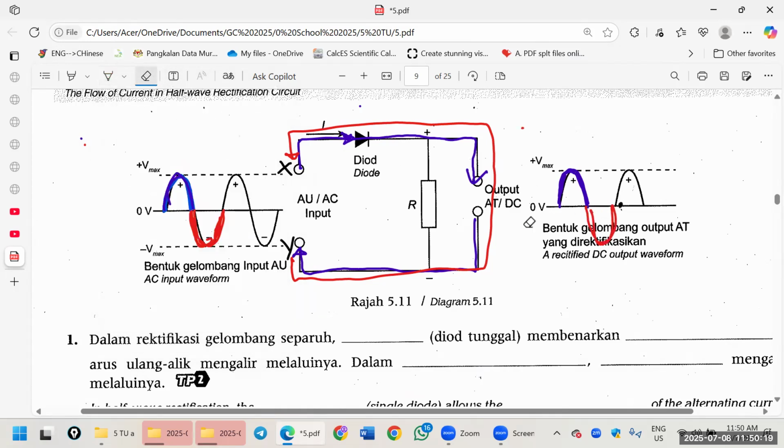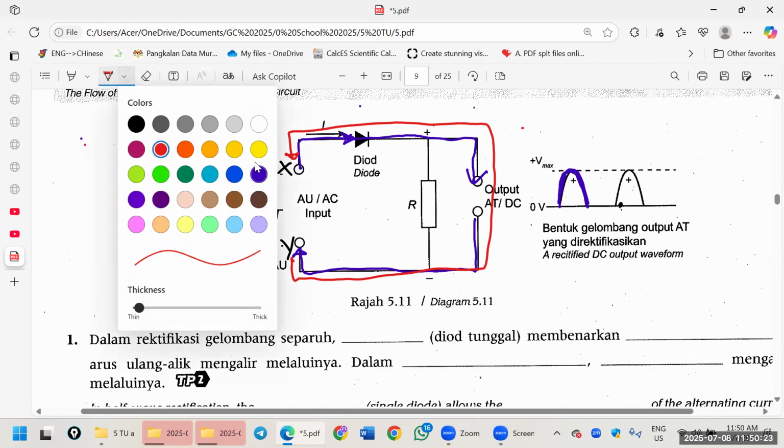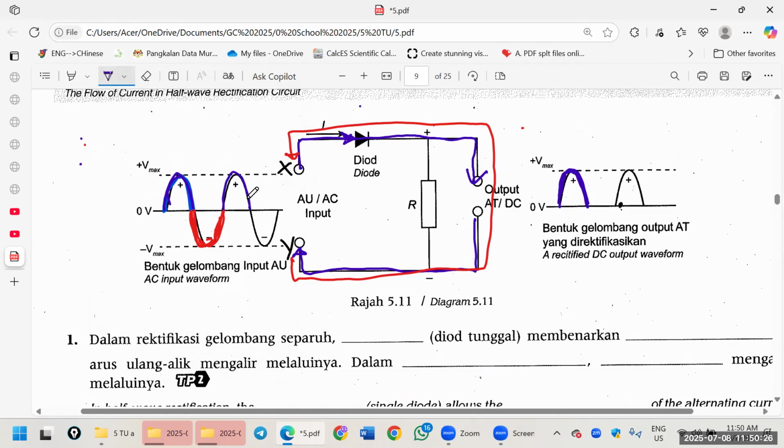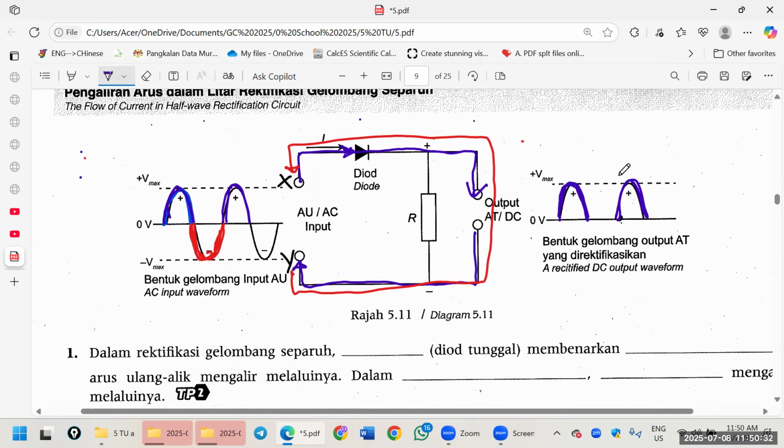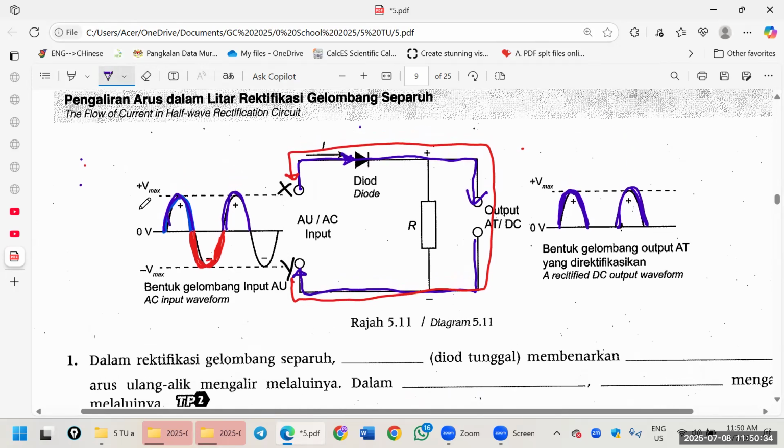That's why they don't draw the negative current here, until the next cycle starts, blue again. Get the idea? So we say this current is AC because it has a positive direction flowing to negative, and then this one from negative flowing to positive.